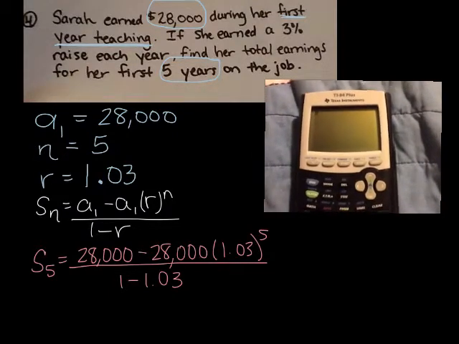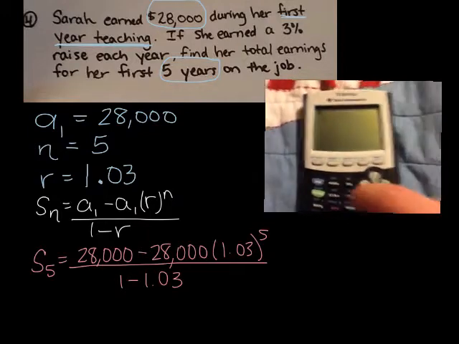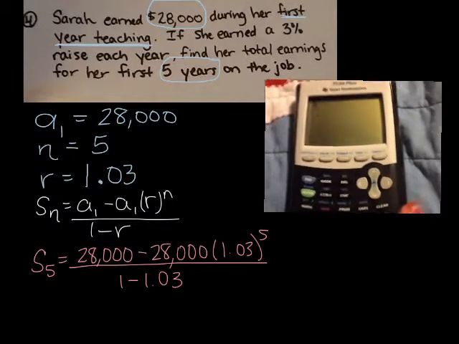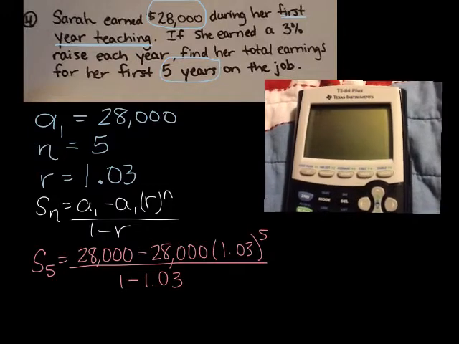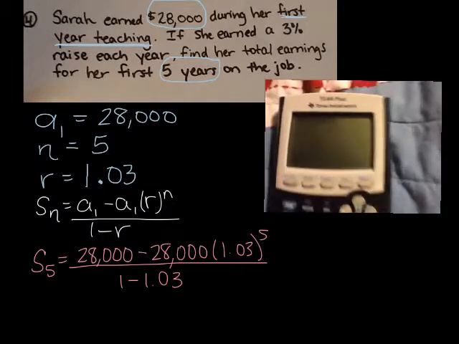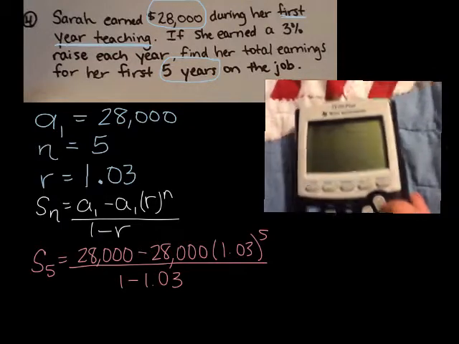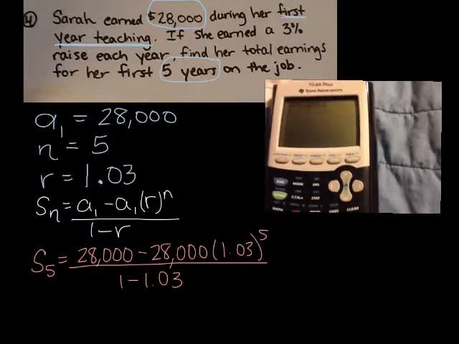I'm going to put this in my fraction notation. Alpha y equals, choose my fraction, and in the numerator we've got 28,000 minus 28,000, which, by the way, we're not really subtracting 28,000 from 28,000. That is just what we're substituting in the formula.